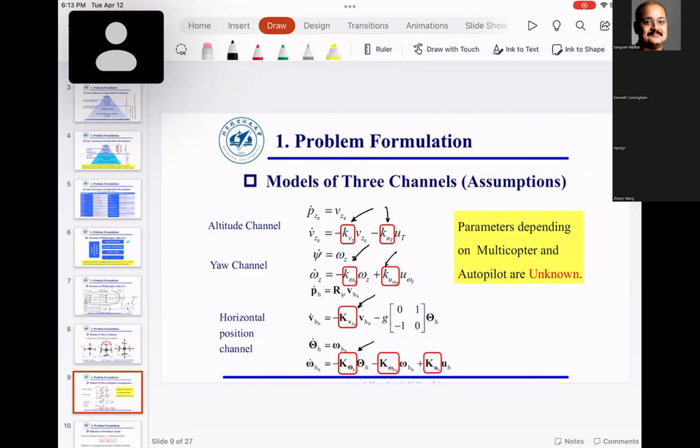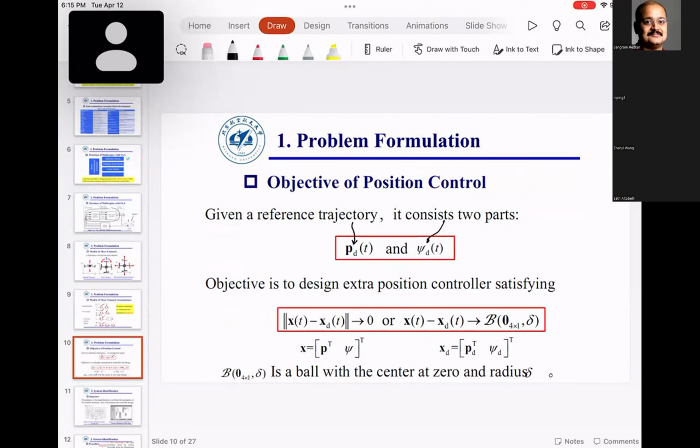So you have the actual position and the desired position, you form the error, and your controller should minimize the error in between. So basically that norm, or the difference, should go to zero. Same thing should happen for the altitude. So this is the mathematical expression that describes the controller effort.